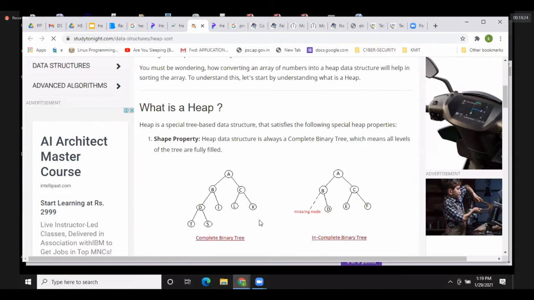Can you see this complete binary tree? This is a complete binary tree. This is not a complete binary tree. Here one node is missing, so it is not a complete binary tree.